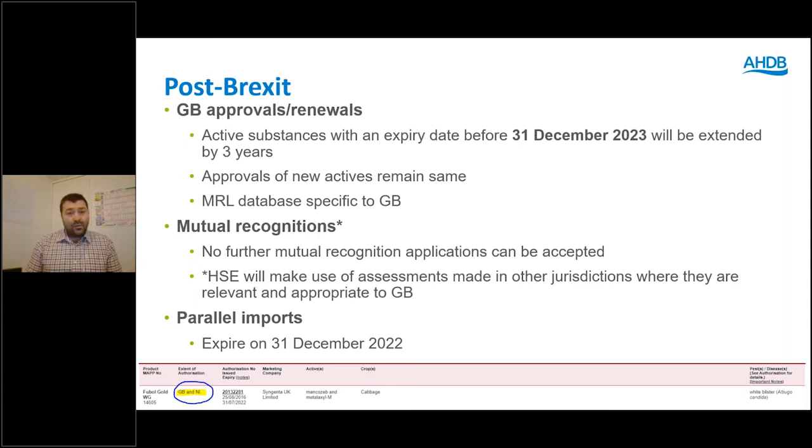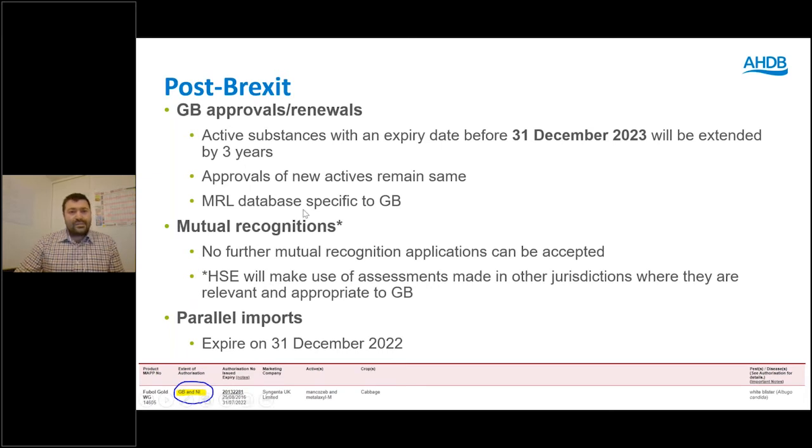As I said, we're no longer UK, we are now GB and Northern Ireland, hence why, right at the bottom here on your left-hand side, I've included, particularly if there are any Irish growers, please do keep an eye on this, because it depends on whether a product is approved for your country. Just make sure that sometimes if it says GB and no Northern Ireland, obviously the product is no longer approved for your situation.